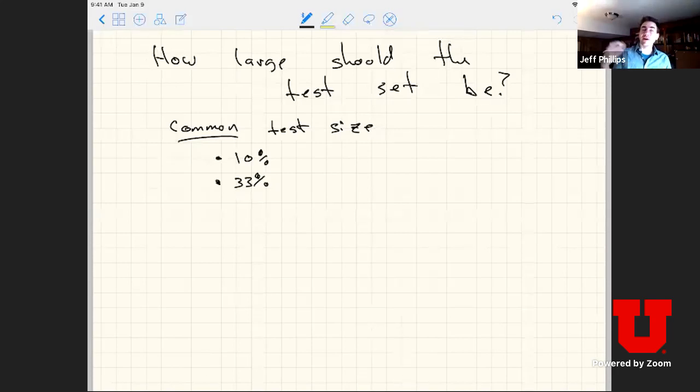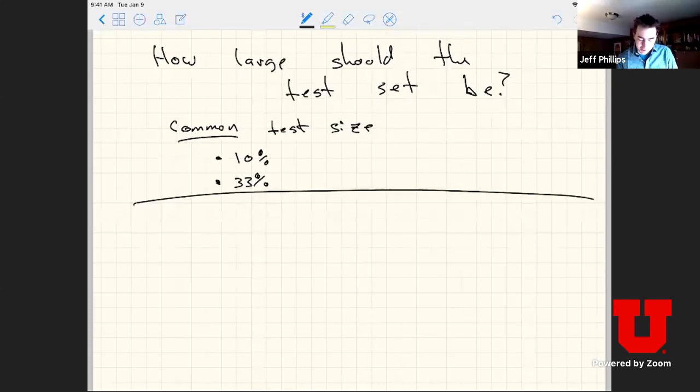But if you have 100 data points, the difference between 10 and 33 of them is a pretty big difference. So what is the right answer here? The answer is there's not one magical right answer here.